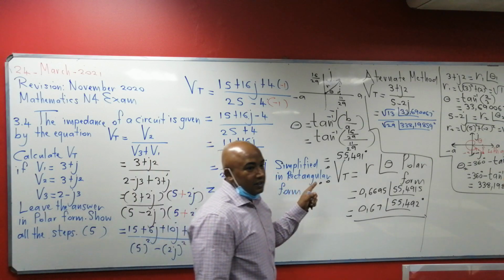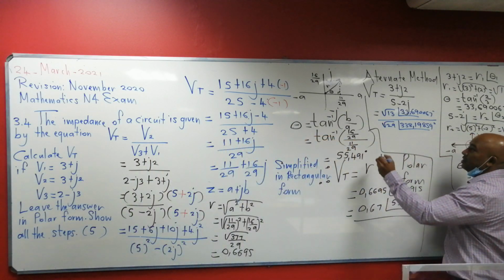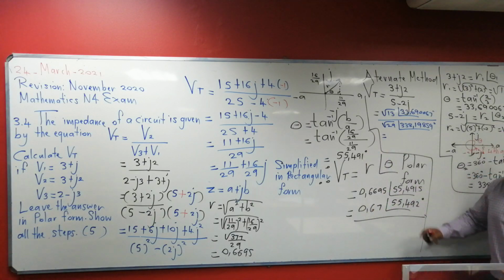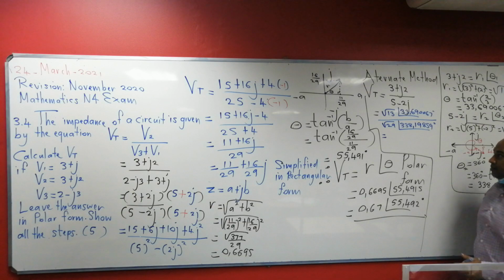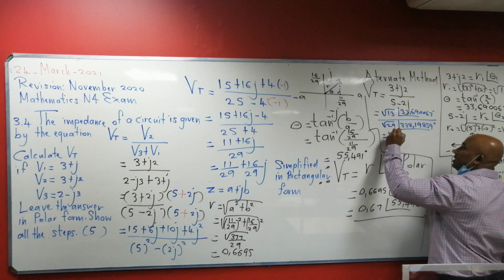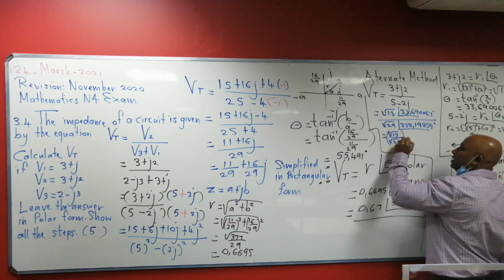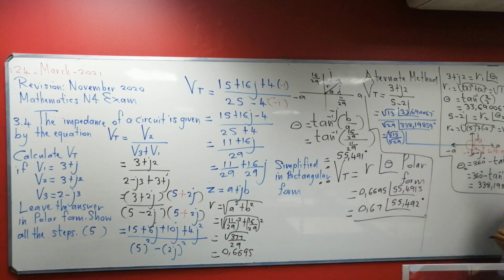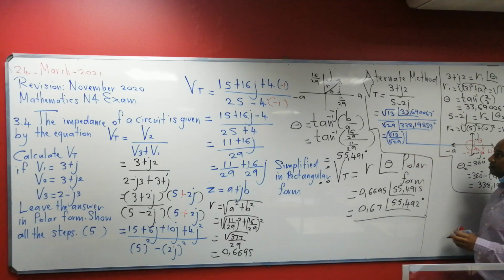But with polar form, you can divide. All you do is your r value on the top divided by the r value on the bottom. That's going to be the square root of 13 divided by the square root of 29. And what do you do to the angles? It's top angle subtract bottom angle.